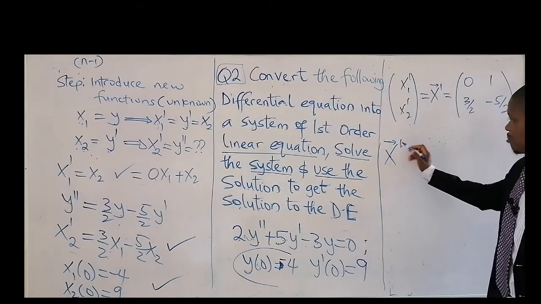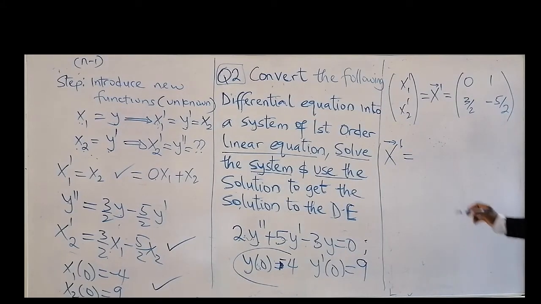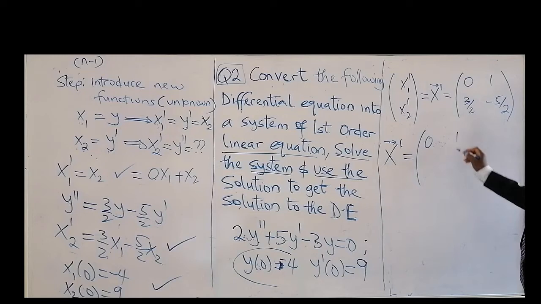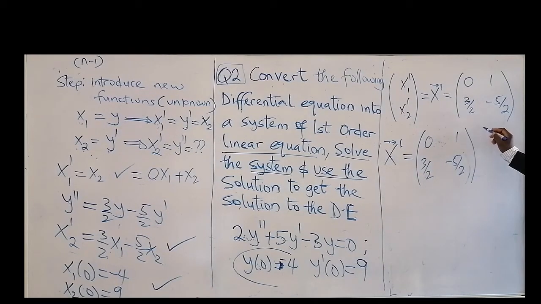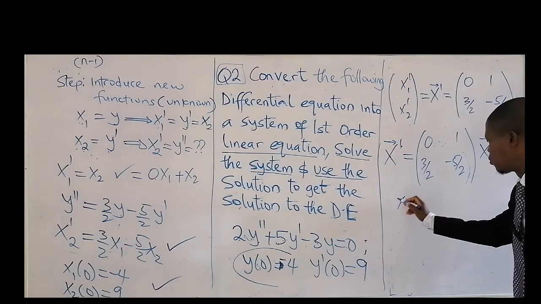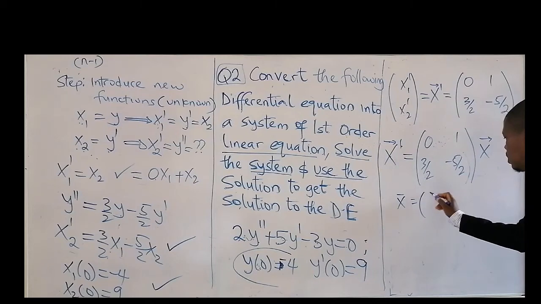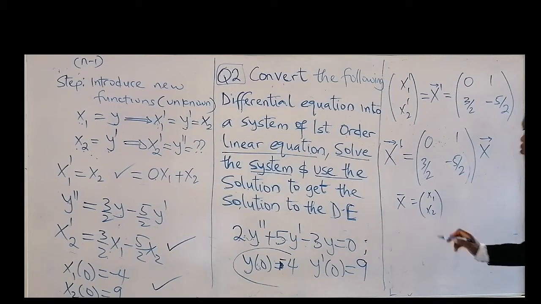We can call this one x bar prime, which is equal to 0, 1, 3/2, minus 5/2. This one will be x1, x2, but just write it as this. Okay? Where this one is x1, x2.